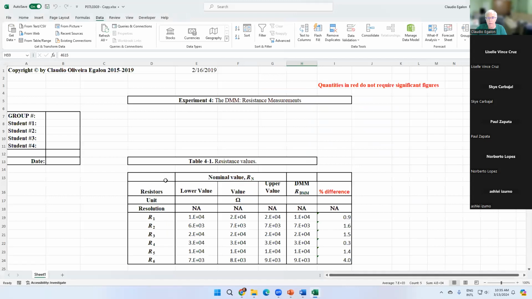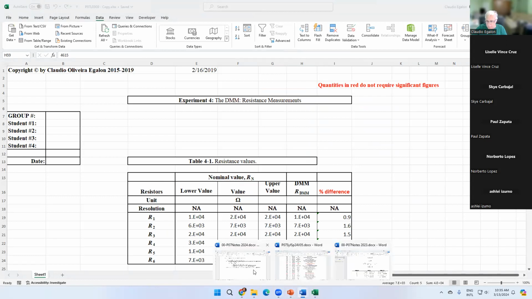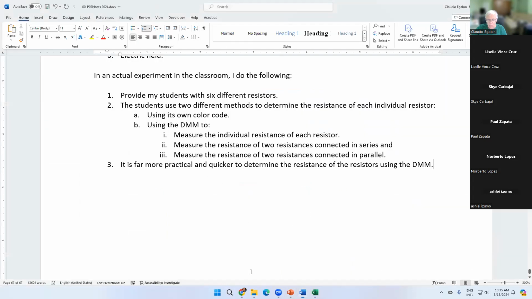Taking time to open. Here, good. Lab 3. Yeah, let's put here in my notes, right? Which I didn't do.